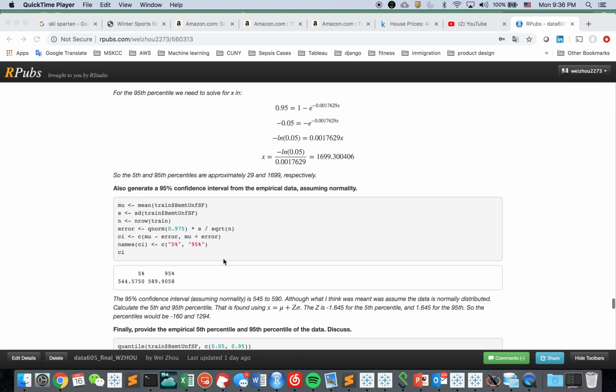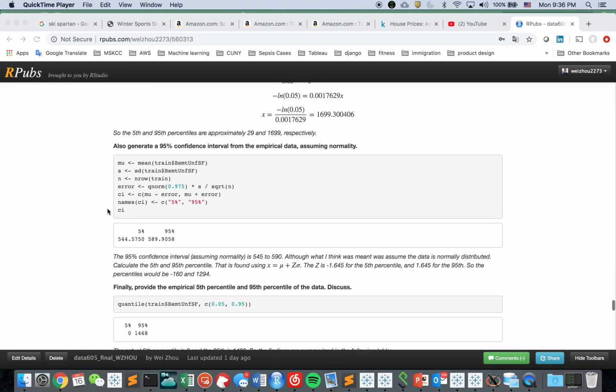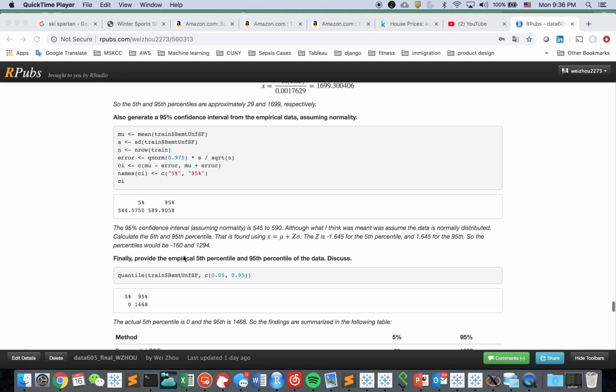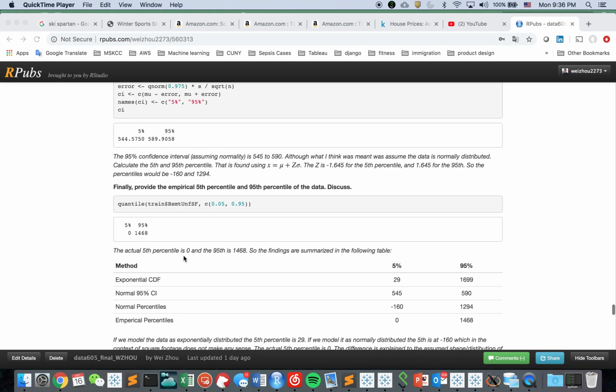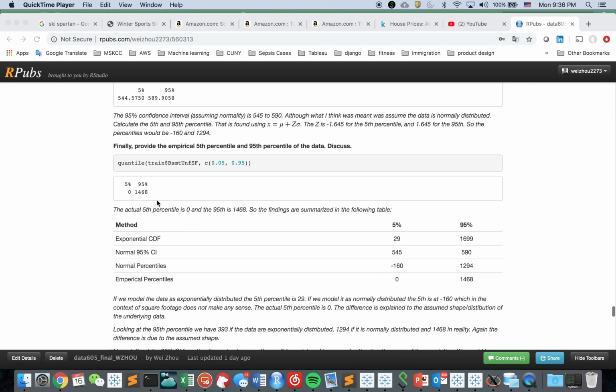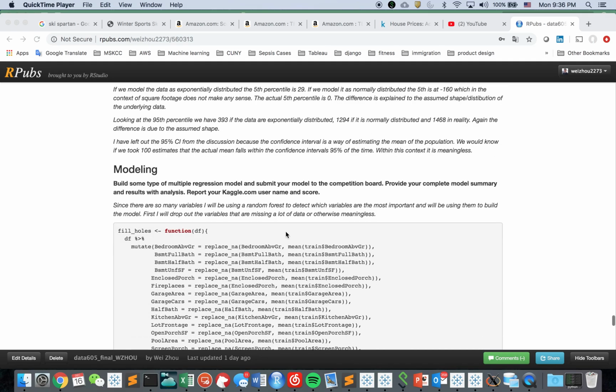And then we can get the confidence interval as these, respectively. 544 is the 5th percentile, and 589.9 is the 95th percentile. So here I'm listing all the results in just one table.